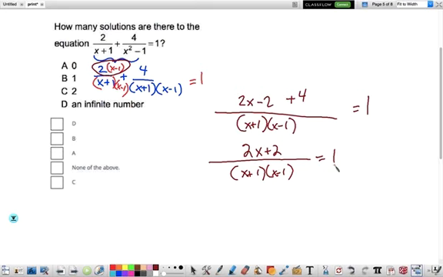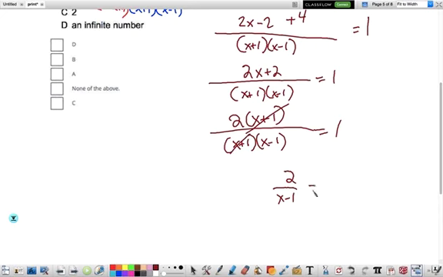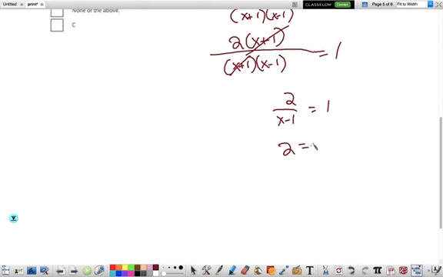You can factor it out. 2 times x plus 1 divided by x plus 1 times x minus 1 equals 1. Now cancel. 2 divided by x minus 1 equals 1. That means 2 equals x minus 1. Add: 3 equals x.